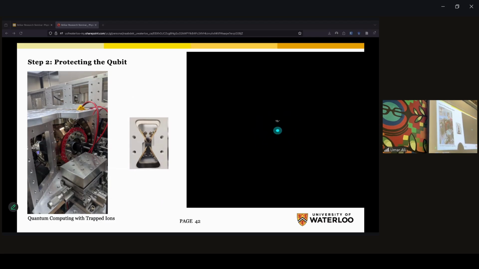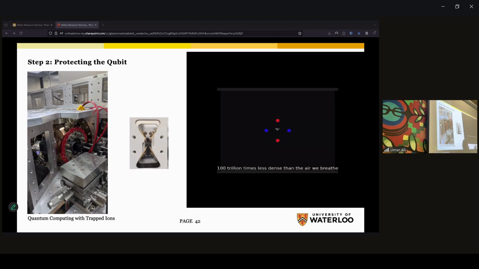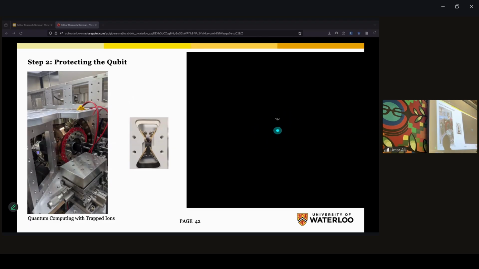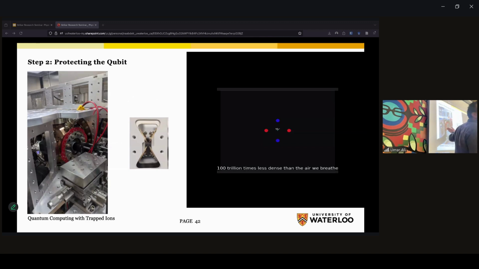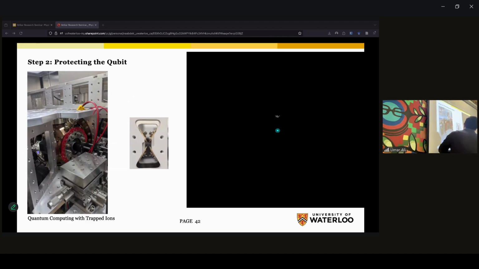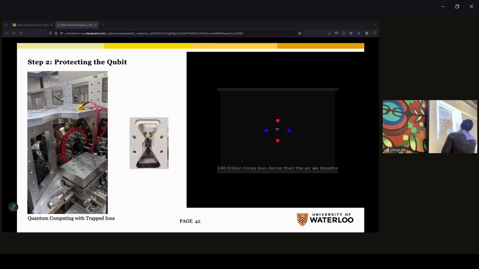Okay, so again, this is an ion suspended in the air. We know that air has a lot of molecules, and every molecule can just hit our ion and knock it outside of the trap, right? So that's why we have an ultra high vacuum over here. So basically, this is the structure. This is the trap. This is the alternating current.